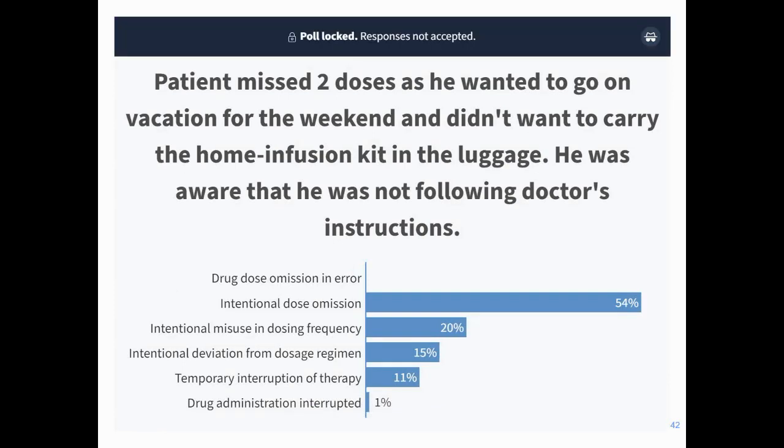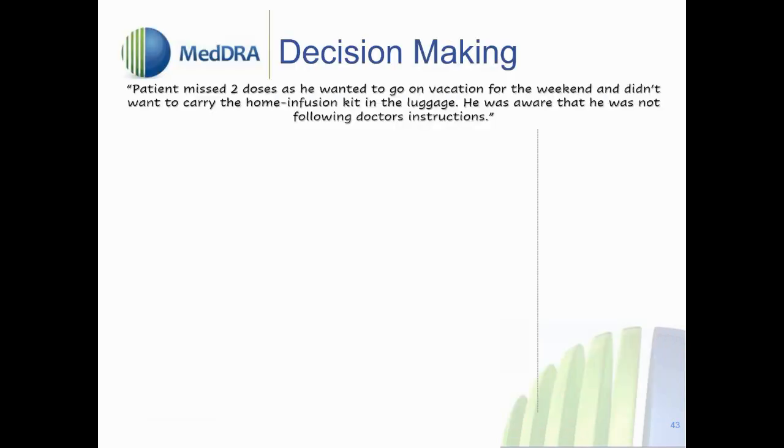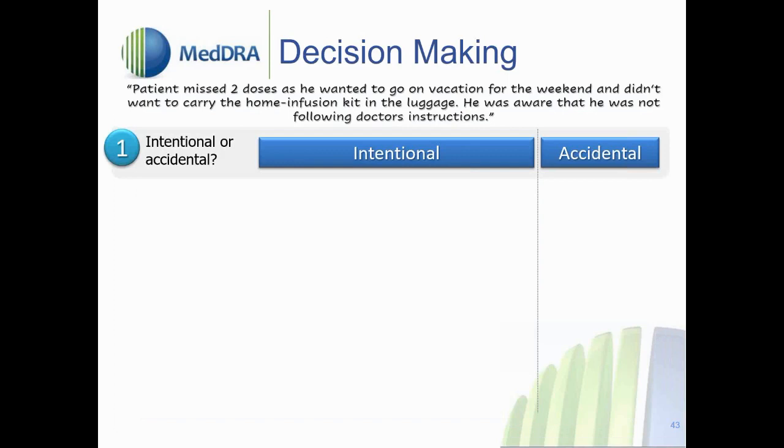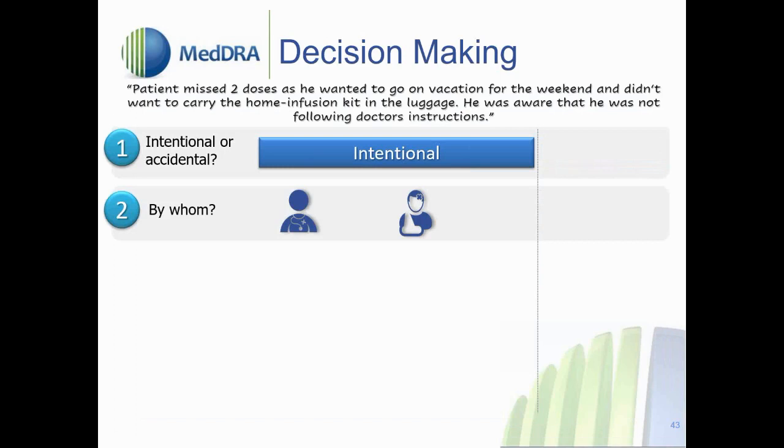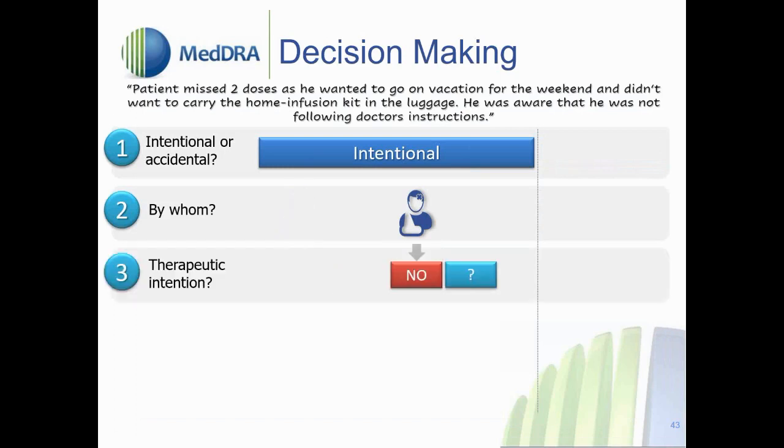So let us close again the poll and first classify based on our decision chart. So what is reported here? It is an intentional deviation from the label or prescription by the patient, and it is not for therapeutic purposes. So we would usually classify it so it was just for his own convenience that the patient made this decision.